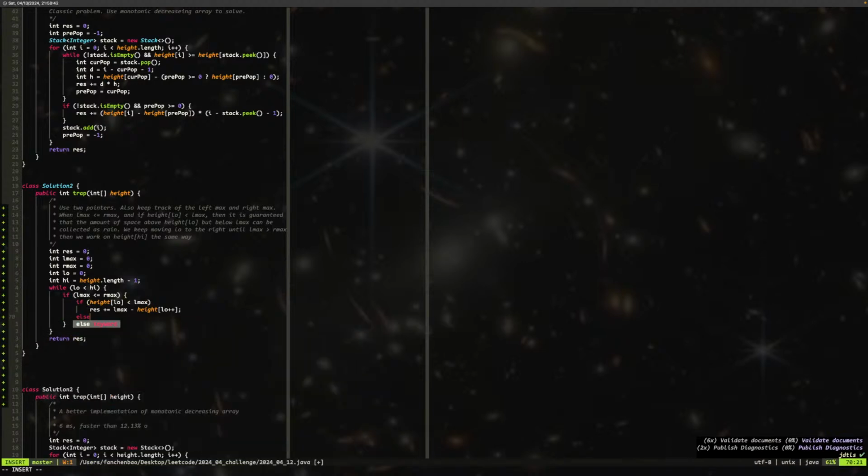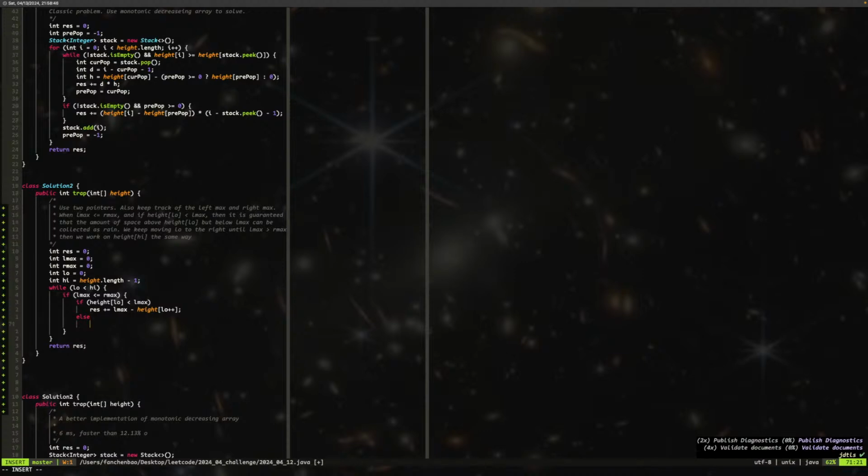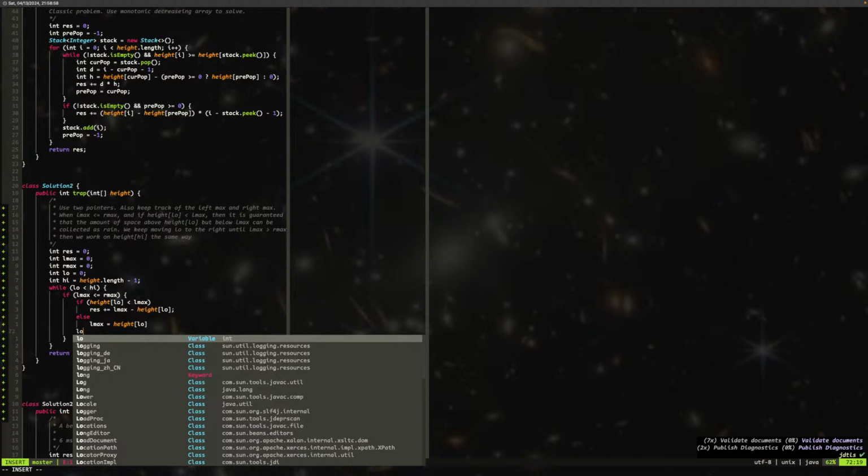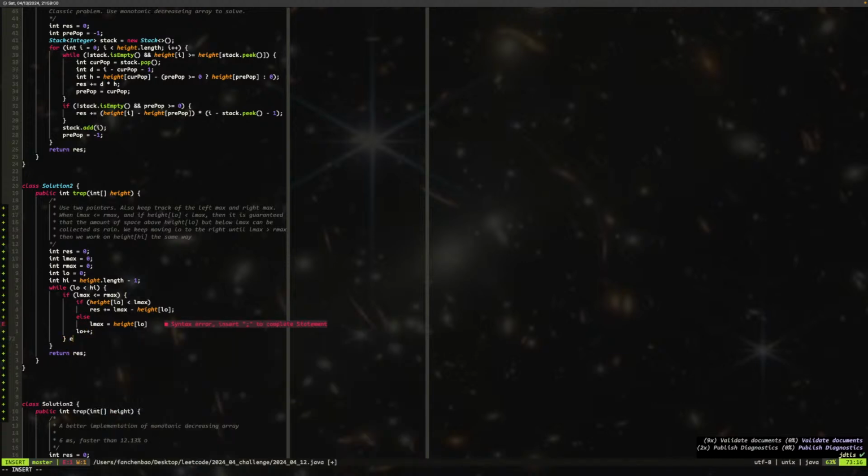Alright, else, then we say left max shall equal to height low. Actually, I do think no matter what, low shall increase.